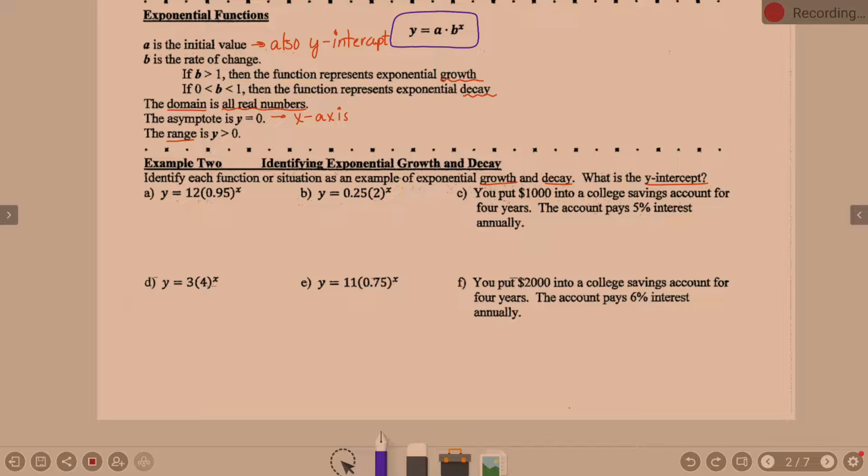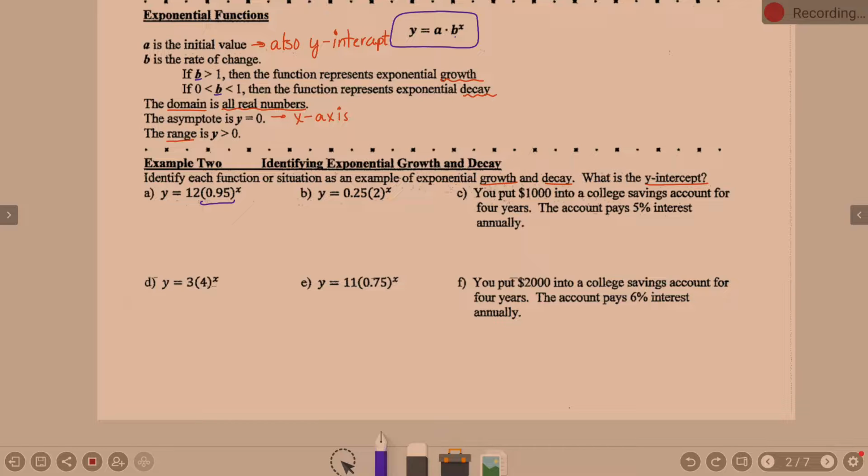Well, how do we tell growth or decay? Growth or decay is based on the rate of change, the B value. Where is B? B is the one with the x. What is my B value here? 0.95. What do you know about 0.95? More than 0, less than 1.